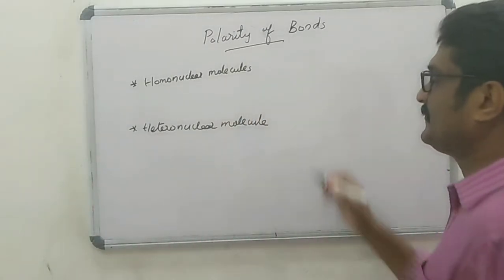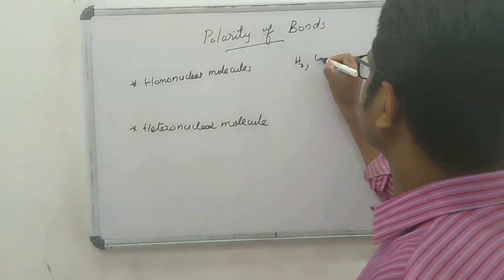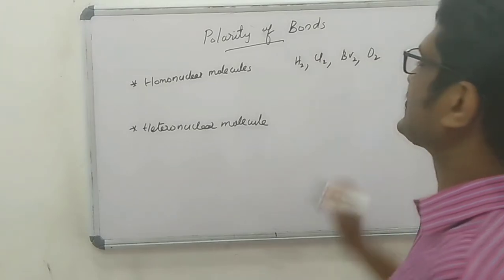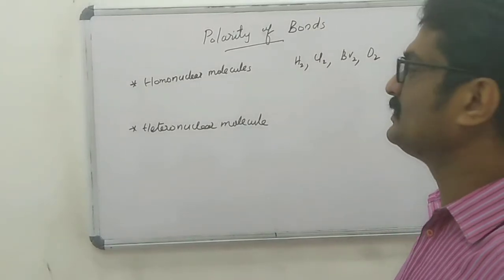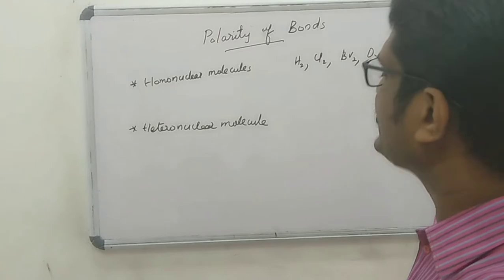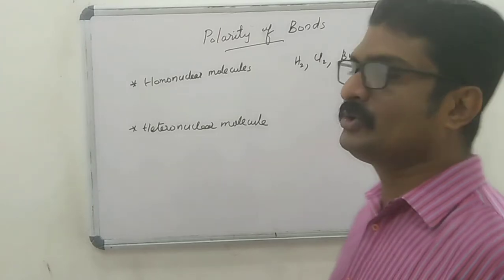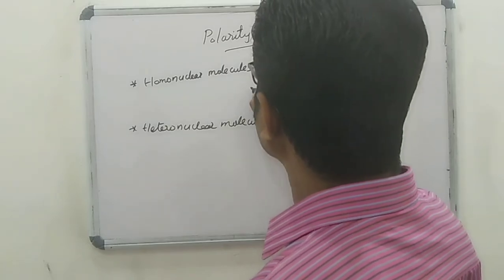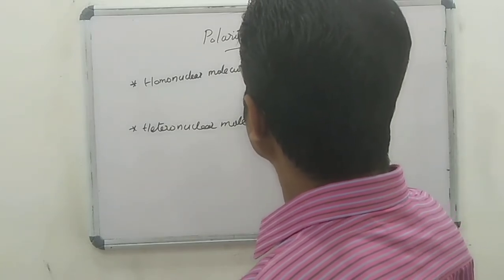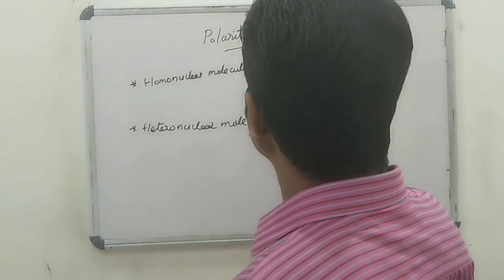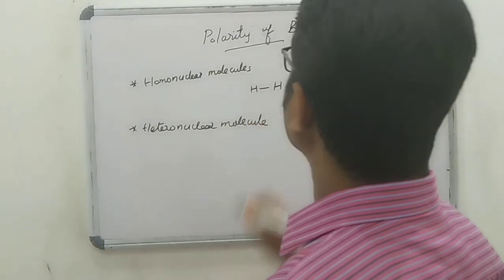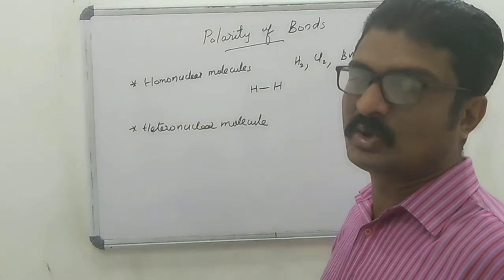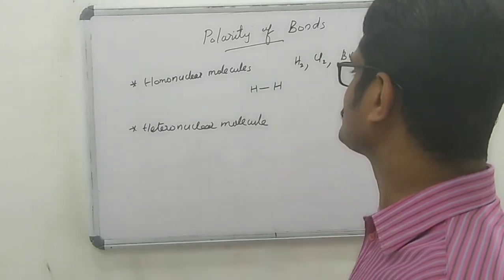Yes, please listen. H2, Cl2, Br2, O2 are examples of homonuclear molecules. A homonuclear molecule is formed by the combination of two similar atoms.